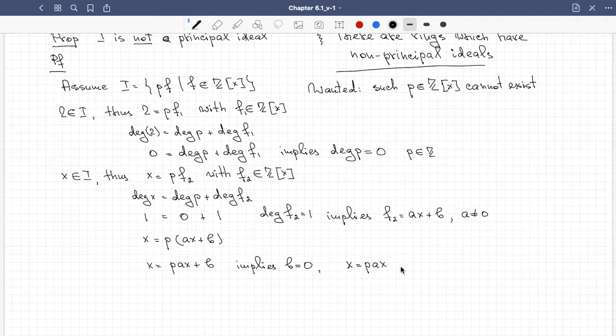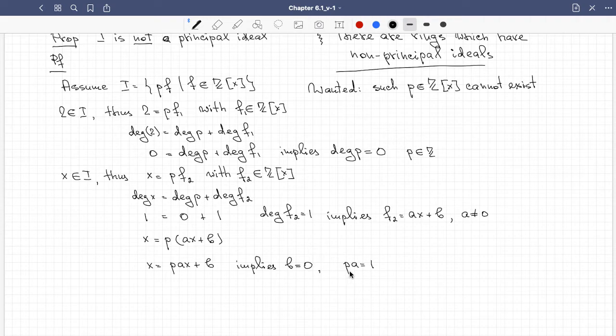Or immediately, from the same bookkeeping argument, the coefficient of x must agree, meaning pa is 1.